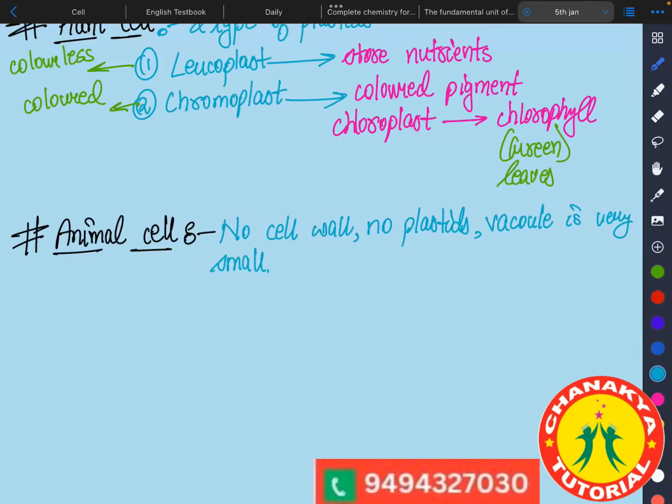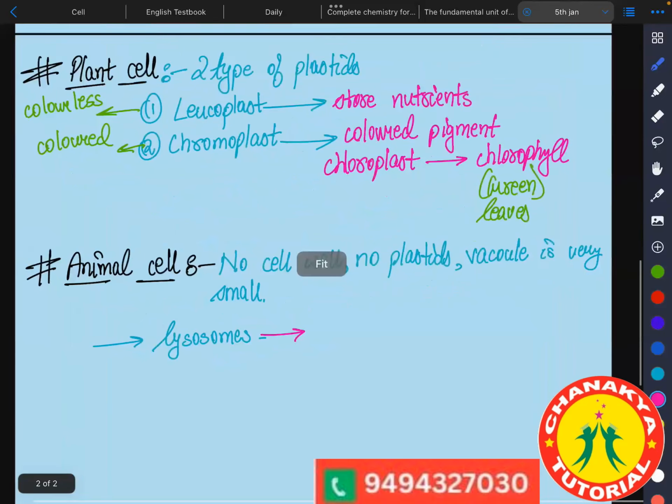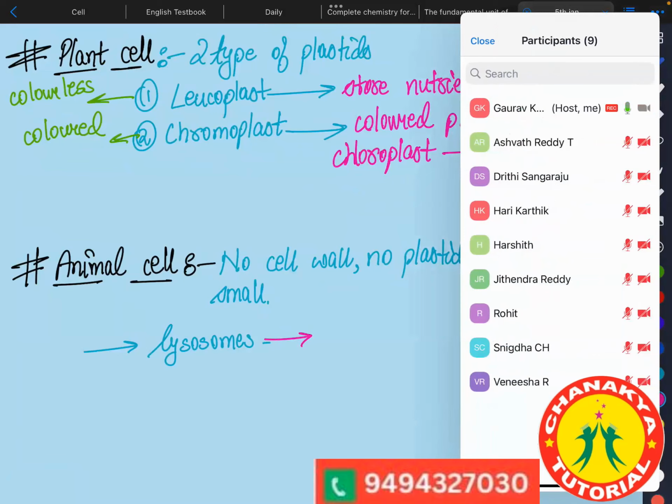It also contains lysosomes. Do you know about the function of lysosome? No, sir. Anyone?